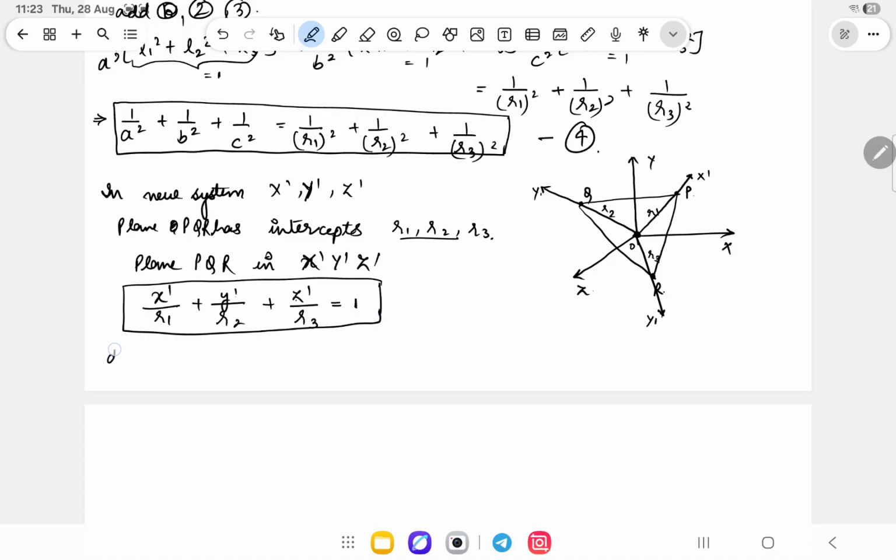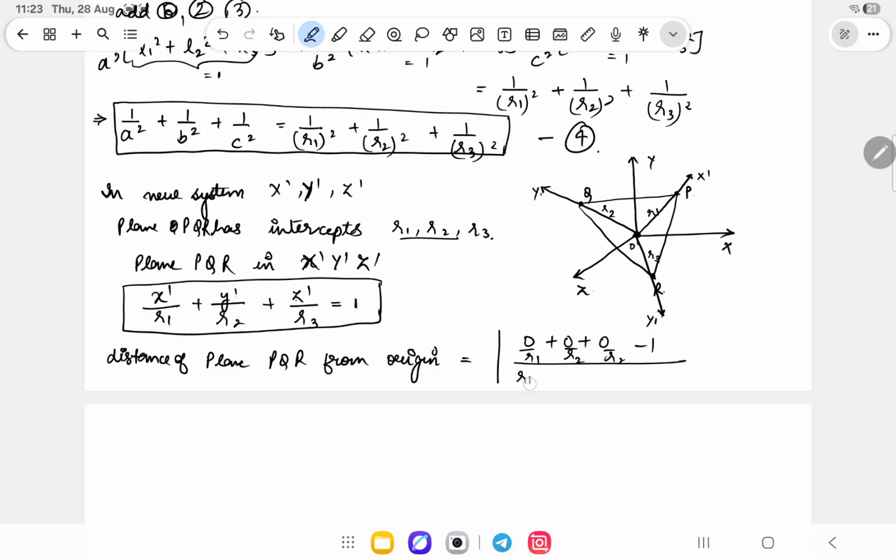Now if I find the distance of plane PQR from origin, that will be basically 0 plus 0 plus 0 minus 1, divided by root of R1 raised to minus 2 plus R2 raised to minus 2 plus R3 raised to minus 2.